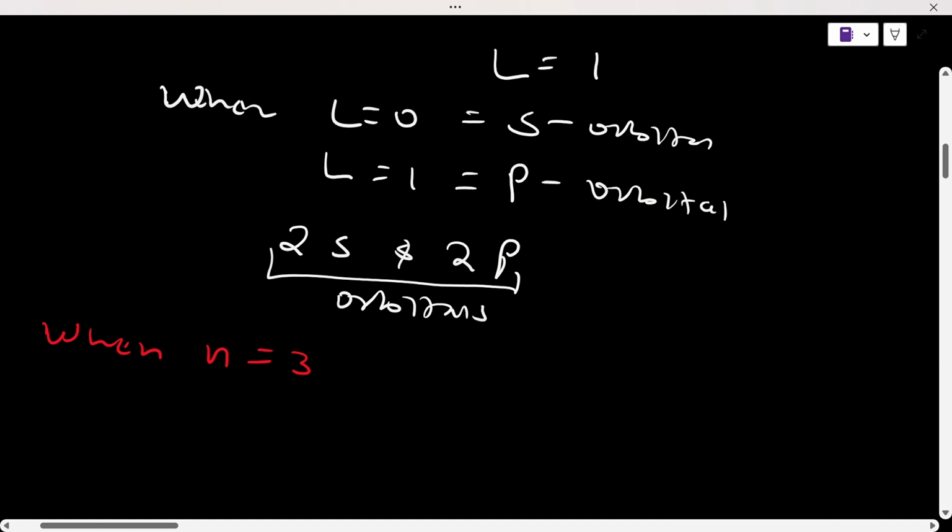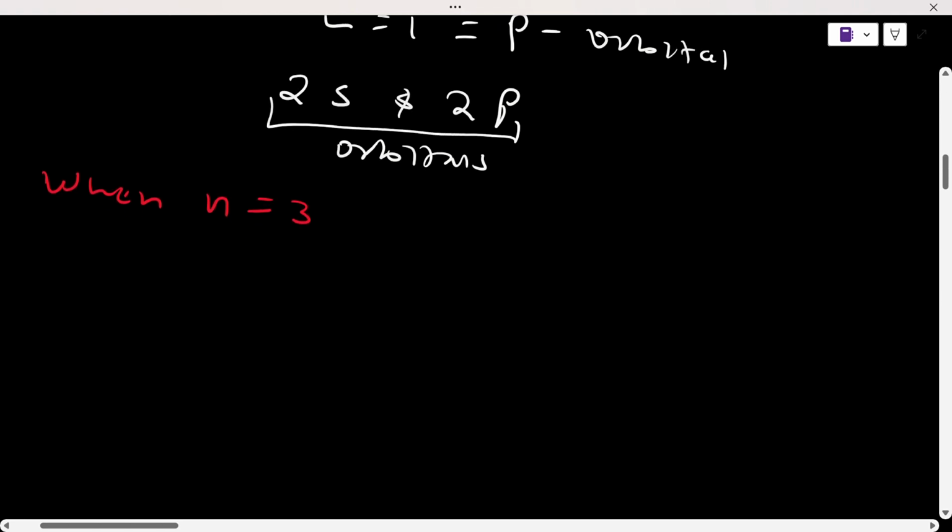I'm going to have a situation whereby L is 3 minus 1, therefore L is equal to 2.